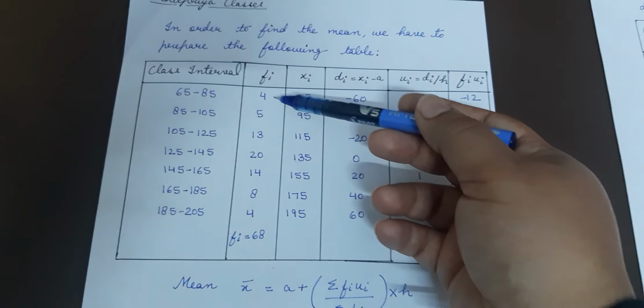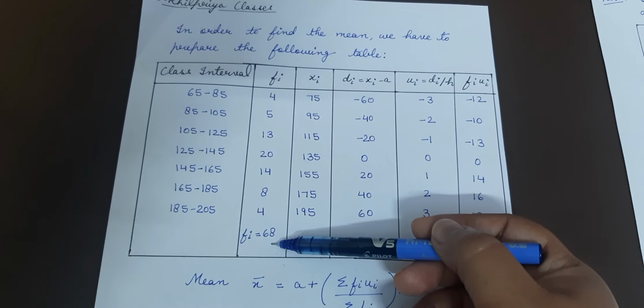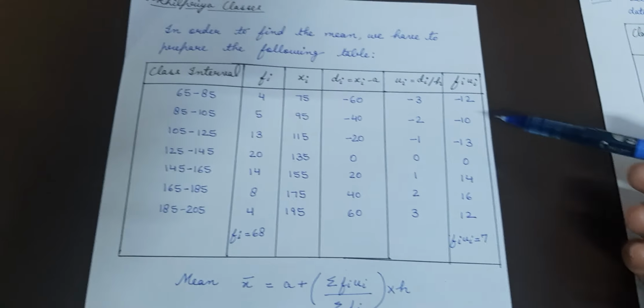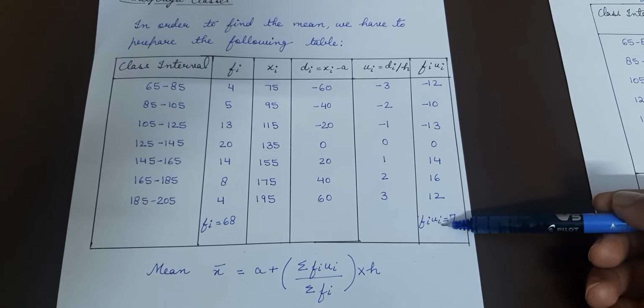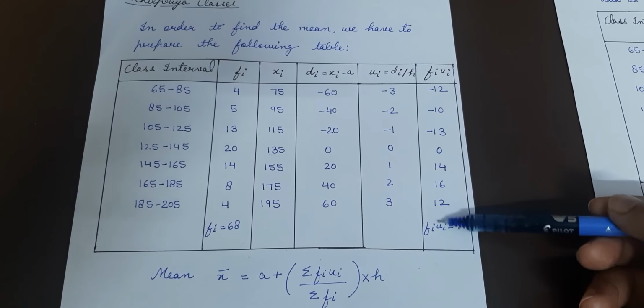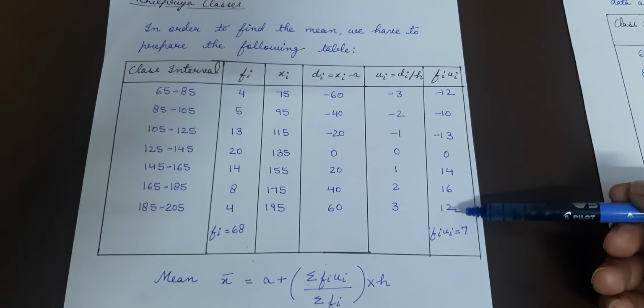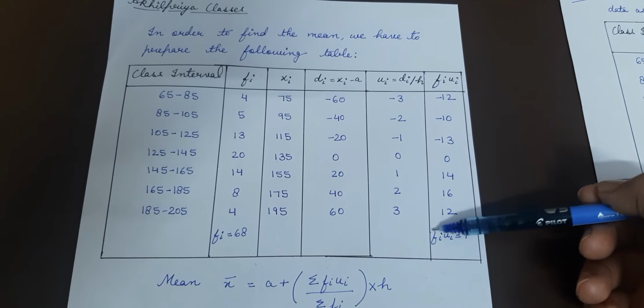So we have summation of fi is equal to 68, and summation of fi ui is equal to 7. Just add up all these and you will get this value.